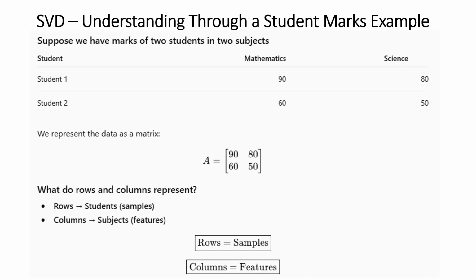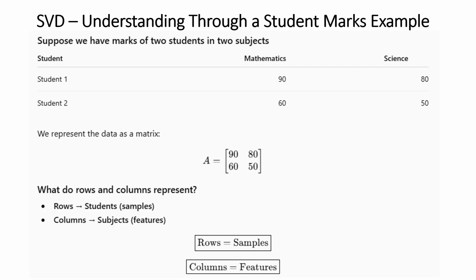Now we'll understand SVD through some examples. Before going to the mathematical calculation, we'll try to understand the basic idea of SVD using a very small example. Consider the example given here.